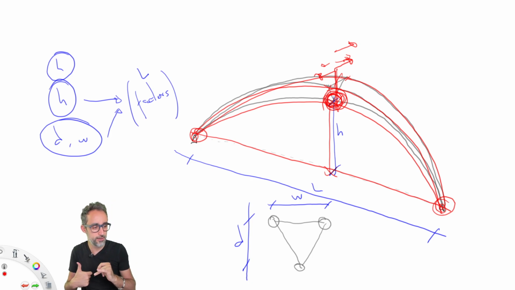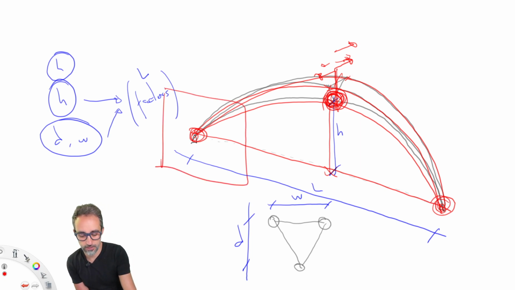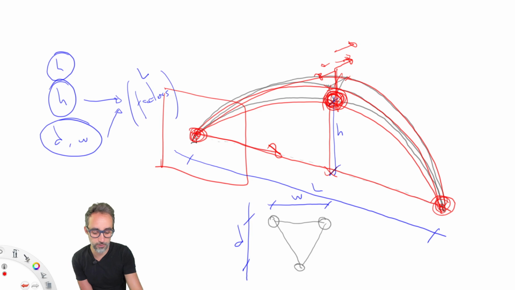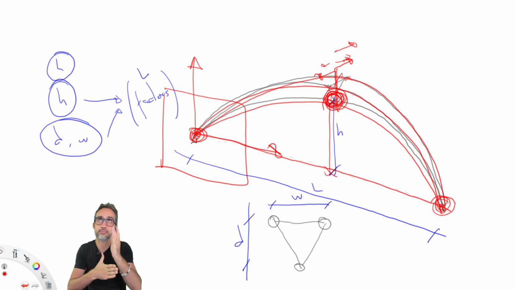I think I like better to just say, why don't we create a plane that is containing this point and this point. So something like this, a plane where the origin is here, the main vector is pointing in the direction of the other support, and we use the third point to define the secondary axis.